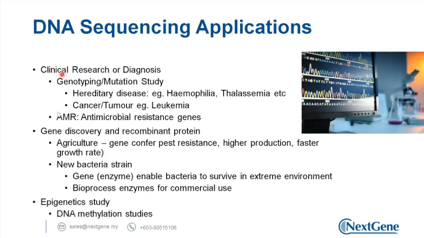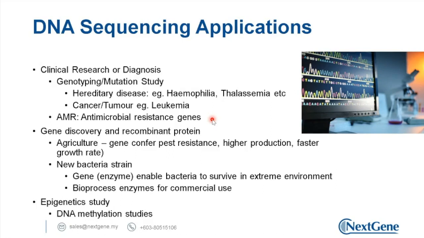In addition to cancer and hereditary disease, we can also use DNA sequencing to look for antimicrobial resistant genes. When we talk about hospitals, we talk about communicable diseases. We have bacterial infections, and a lot of times those pathogenic bacteria in the hospital already acquire some antibiotic resistant genes.